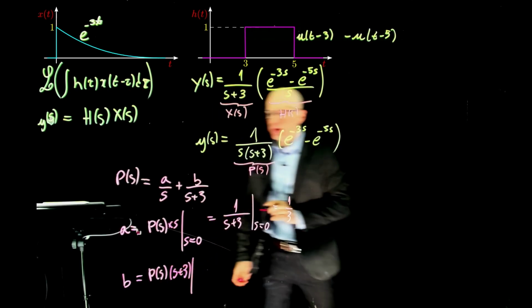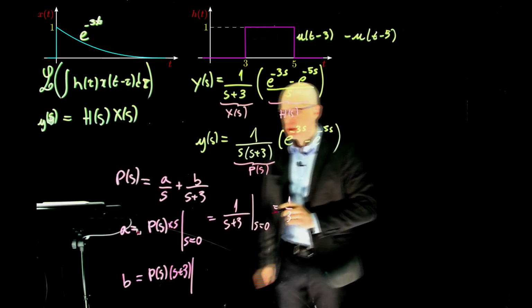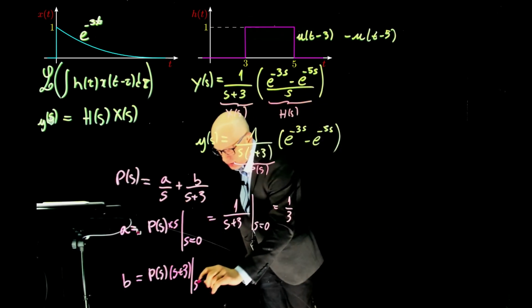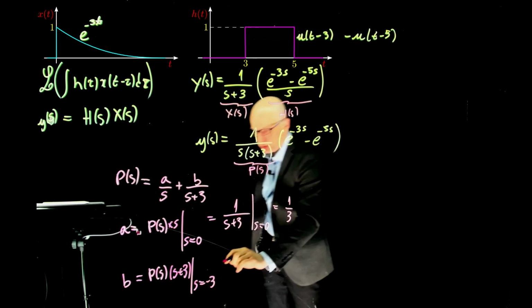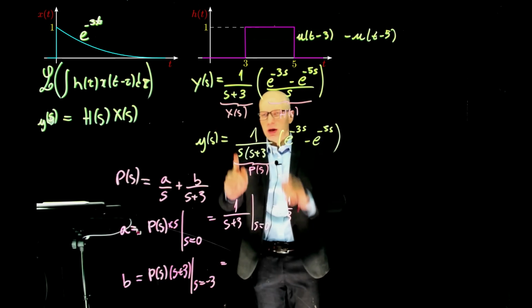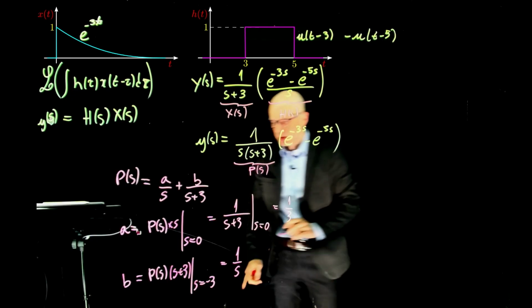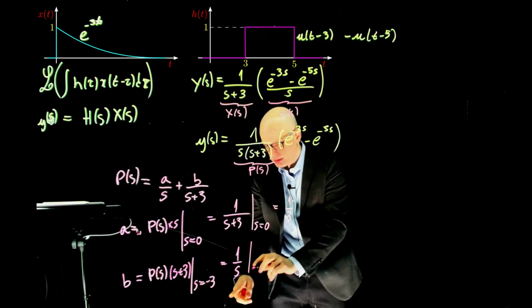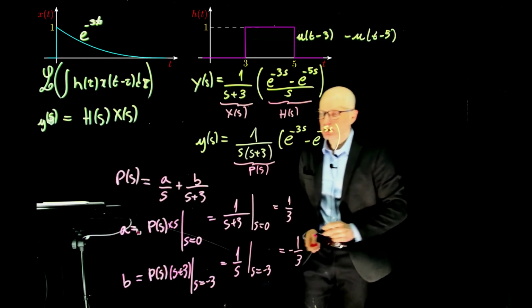And this is evaluated at whatever value of s makes the denominator here 0, which is s equals -3. So if you multiply this by s plus 3, we are left with 1 over s. And when we evaluate this at s equals -3, this gives negative 1/3.